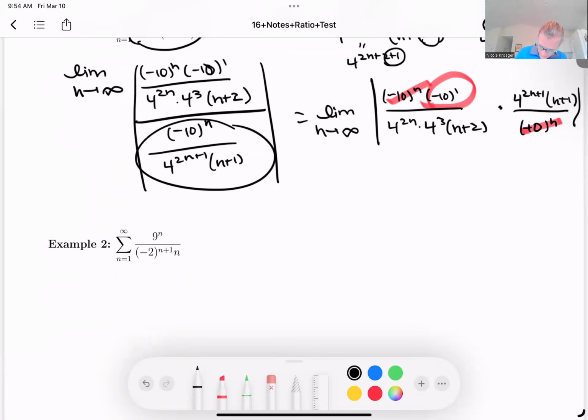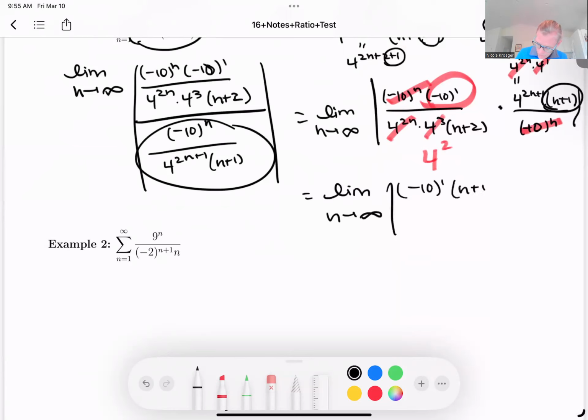This is 4 to the 2n times 4 to the first. So the 4 to the 2n's are going to cancel out. The 4 to the first will cancel out, and this will leave us with a 4 squared. So we are left with negative 10 to the first times n plus 1 over 4 squared, which is 16, times n plus 2.